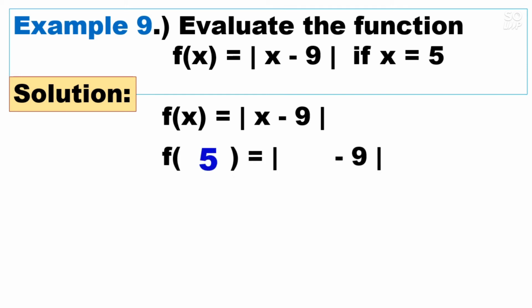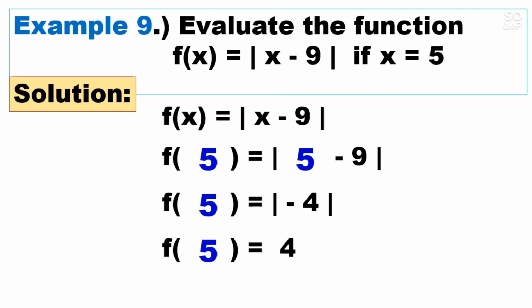So therefore, we have f of 5 equals the absolute value of 5 minus 9. Okay, 5 minus 9 is negative 4. The absolute value of negative 4 is positive 4. Therefore, the value of f of 5 equals positive 4.